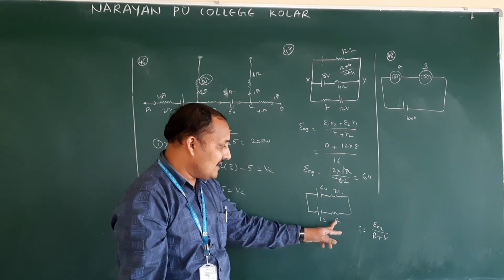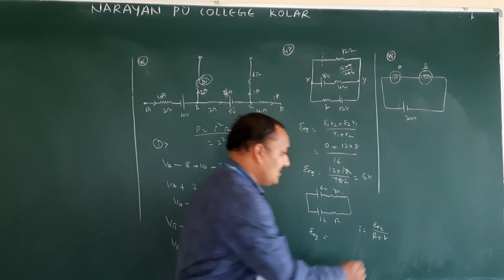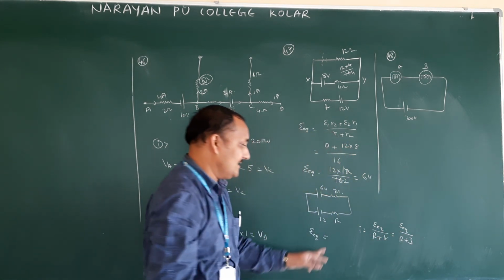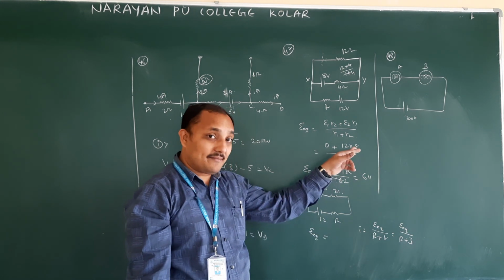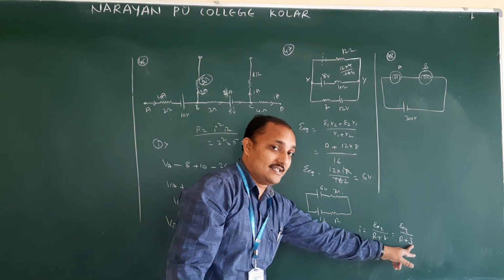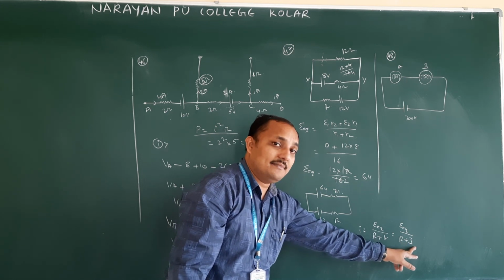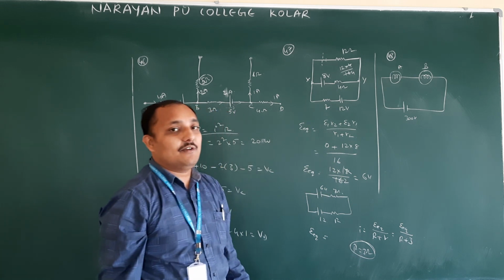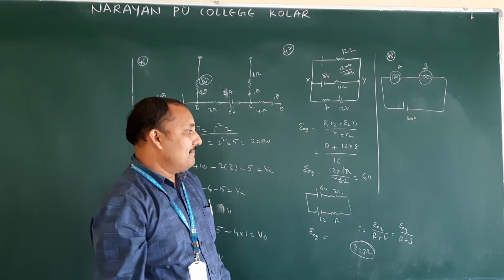Here total resistance how much? R plus 3. Correct only? So E equivalent, some value you will get, by R plus 3. So whenever this is going to become maximum, I told you, this resistance should be equal to this resistance. Then R is going to become 3 ohms. Therefore, whenever R is equal to 3 ohms, current is going to become maximum.